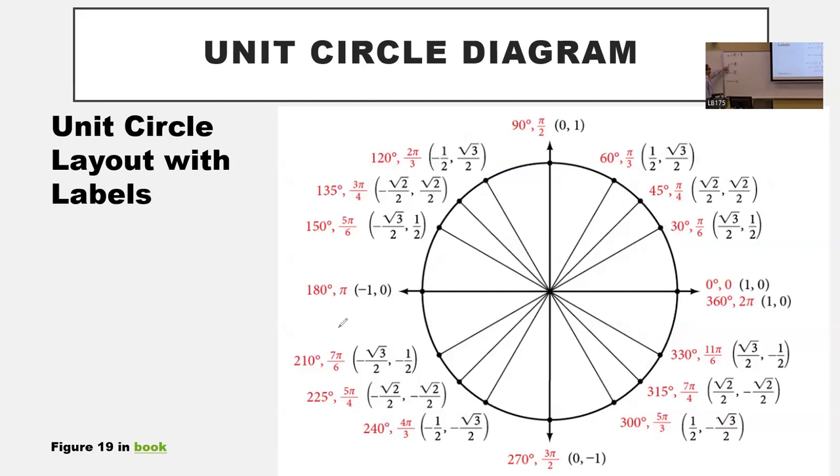The next is sine inverse of negative root 3 over 2. So sine gives us out y values. We're on the right-hand side of the circle. We're looking for a y value of negative root 3 over 2 on the right-hand side of the circle. That's this. Oops. See if I can make this bigger.